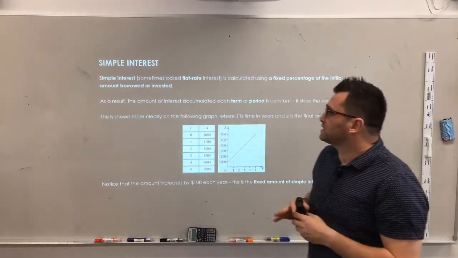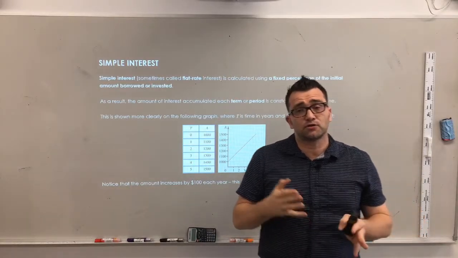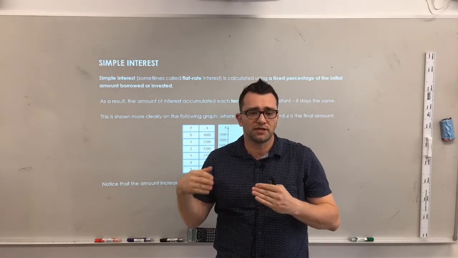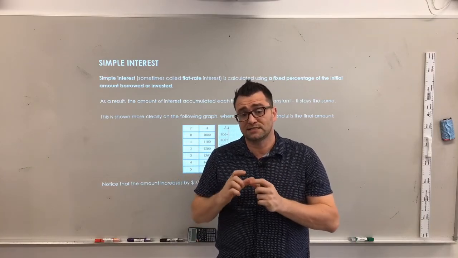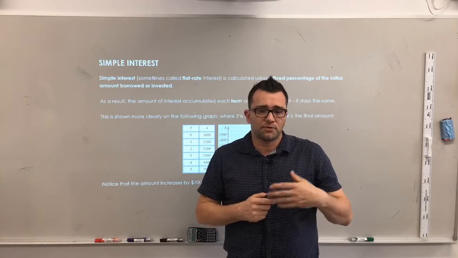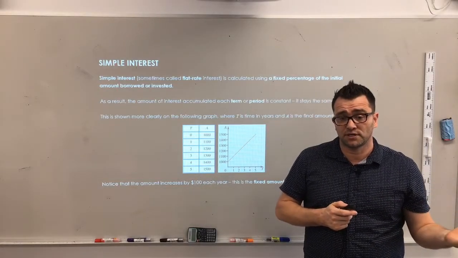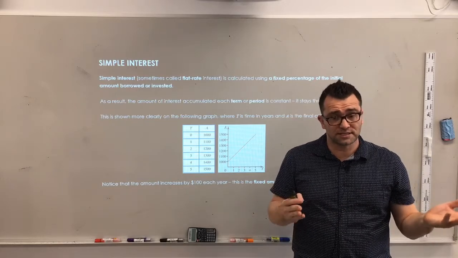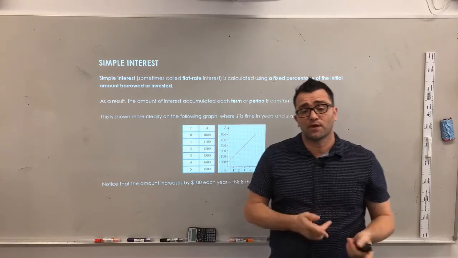Now, in terms of simple interest, we sometimes call this flat rate interest, because regardless of how long the investment occurs, the amount of interest you receive is the same. So, for example, if you had $1,000 and you invested it at 10% per year, you're getting 10% of the $1,000.